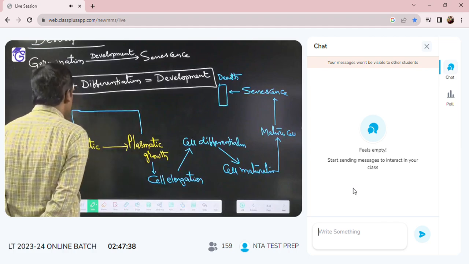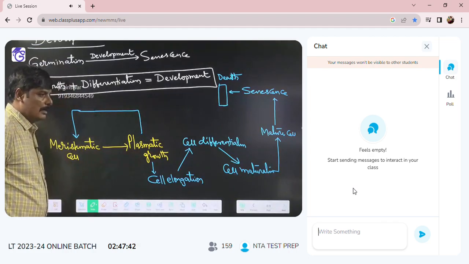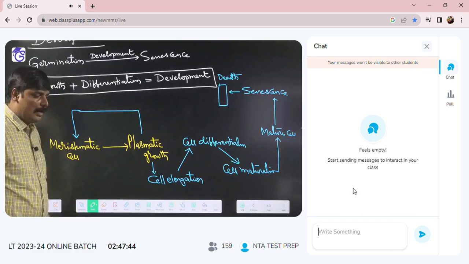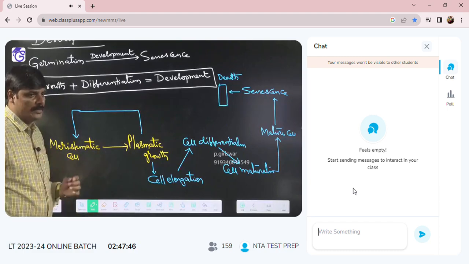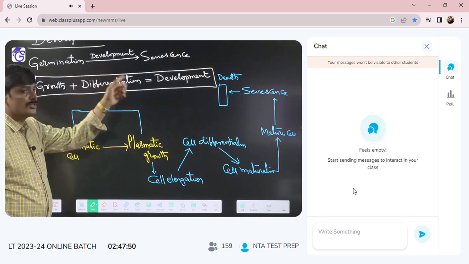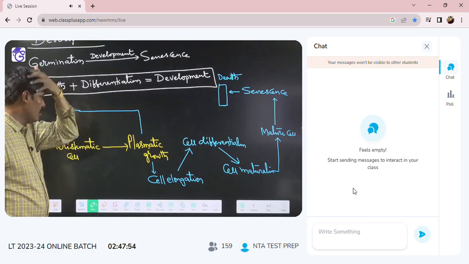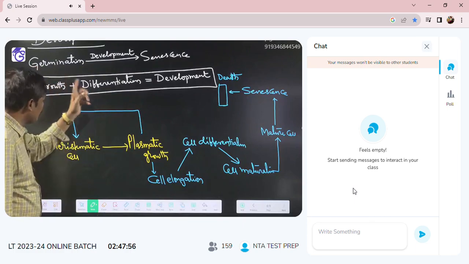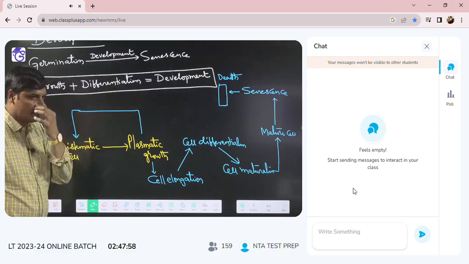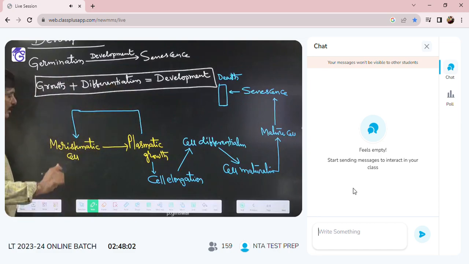So what is development? I told you, all the events or the sequence of stages from germination to senescence is called development. This development include growth plus differentiation. Okay, clear?